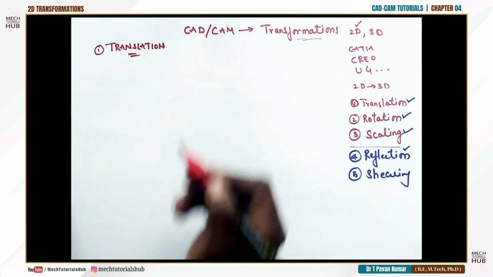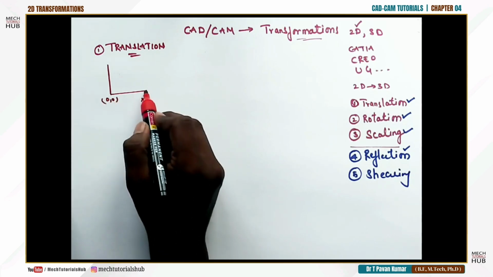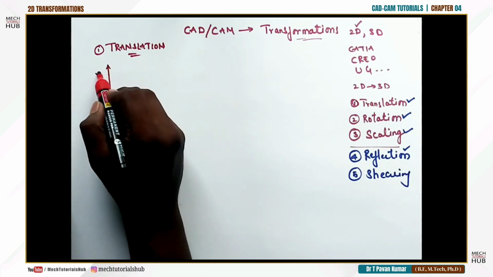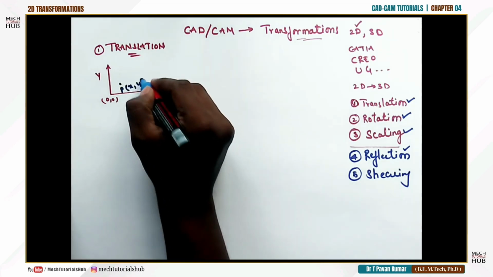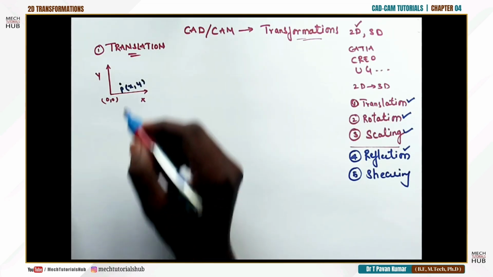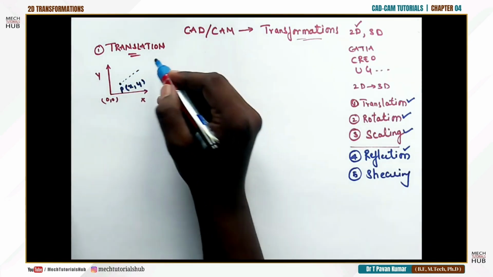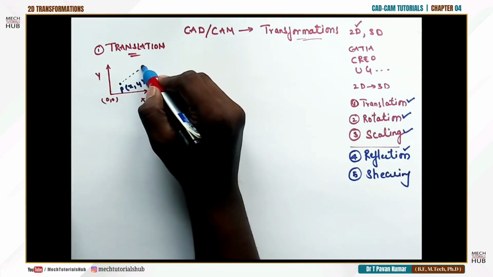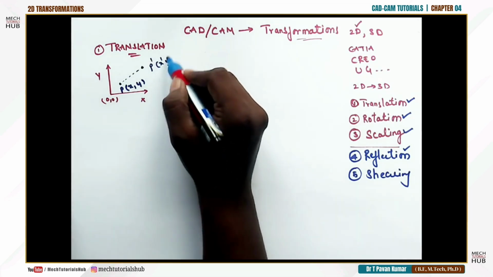First one, translation. For example, there is a coordinate system with origin 0, 0, this is the x direction and this is the y direction. There is a point P(x, y). Now I would like to translate or move this point from the original position to a new position, which I'll name P prime, with coordinates x prime, y prime.